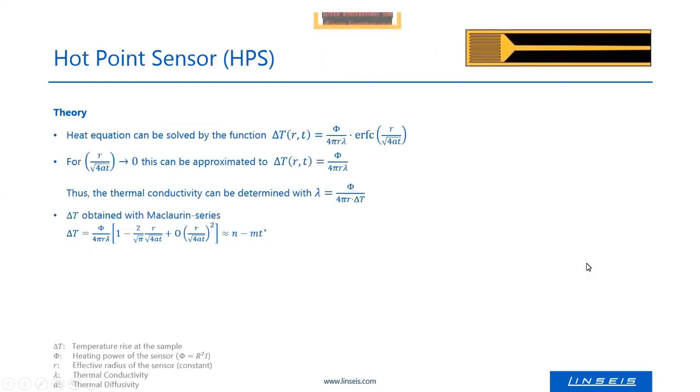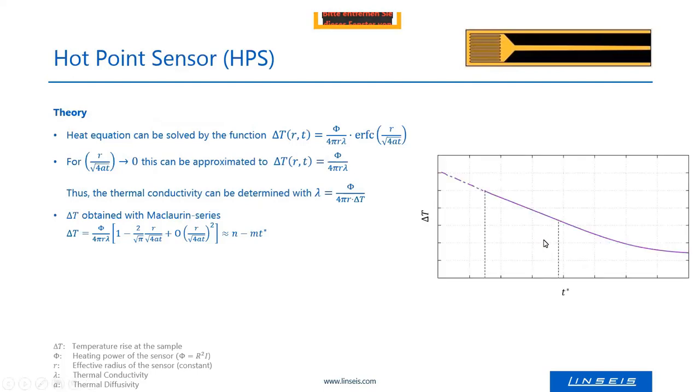The third kind of sensor in our product range is a hot point sensor with a small measurement area, 2 by 2 millimeters. The theory behind it is a little bit different, but in the end you have an equation where you measure delta T with a simple thermometer, like a PT100.